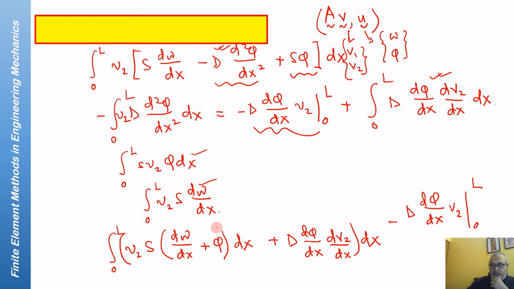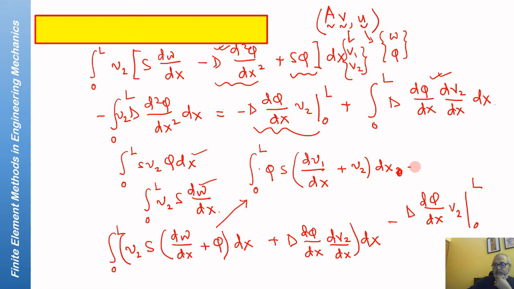So here you will get the integral 0 to L of phi S dv1/dx plus v2 dx plus d v2/dx plus d phi/dx.